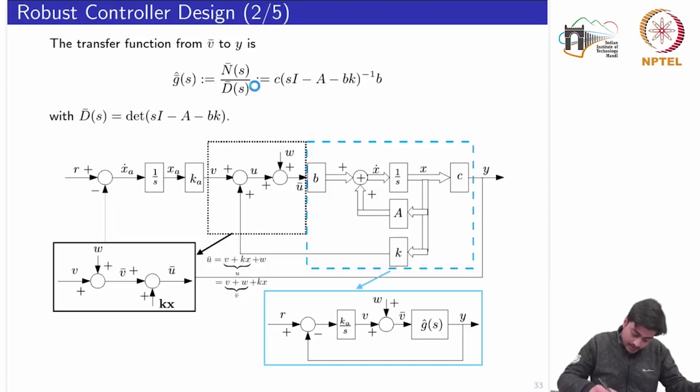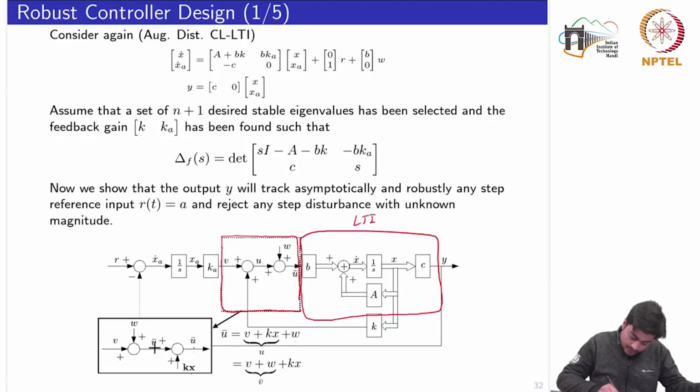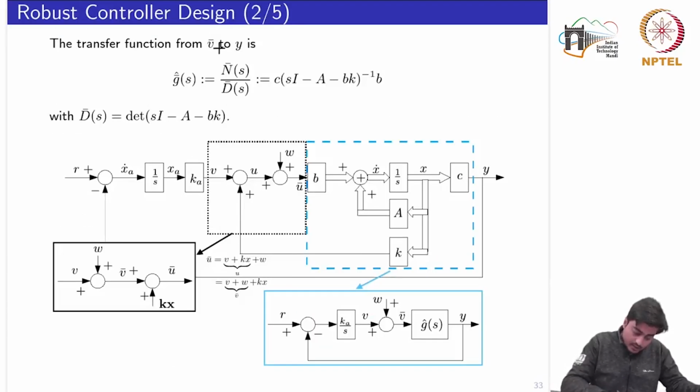Now the next step is to compute the transfer function from V bar to Y. So if you see V bar to Y, we already have the state feedback here, and this would be equal to the nominal case of the state feedback with the inclusion of this A minus BK into the A matrix.